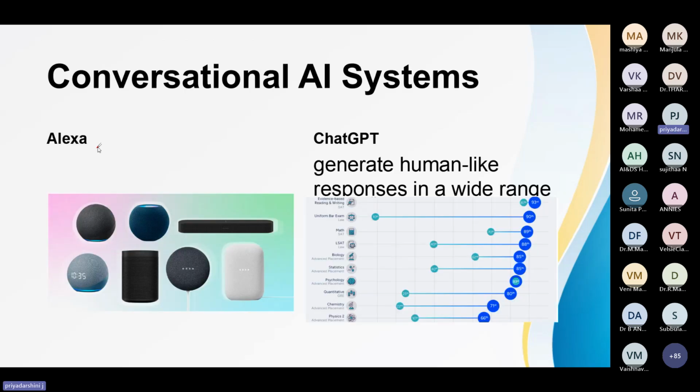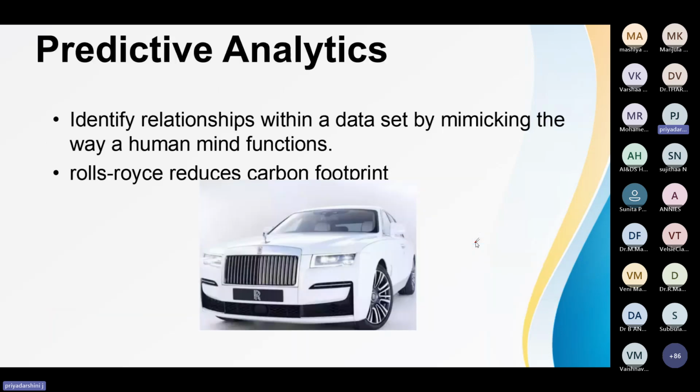Conversational AI systems, like Alexa and ChatGPT, even though ChatGPT now has so many problem solvers, when we ask it to give a PPT with all images and solved problems, it still keeps lagging behind. So it is not up to our mark yet.